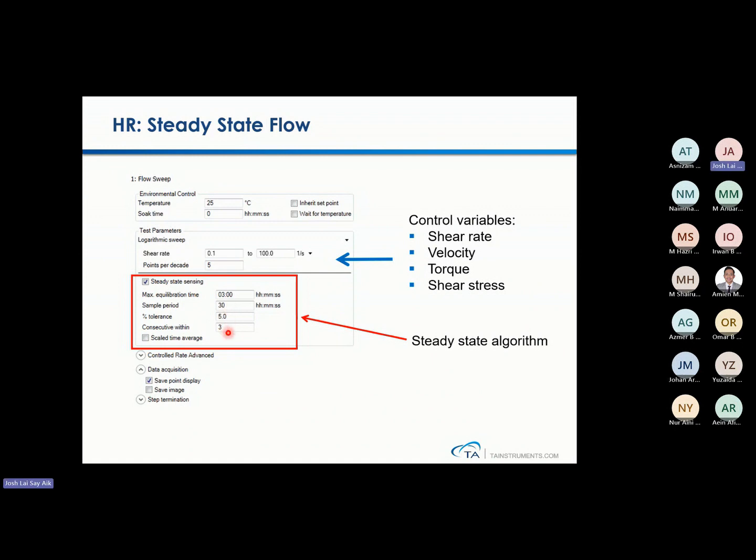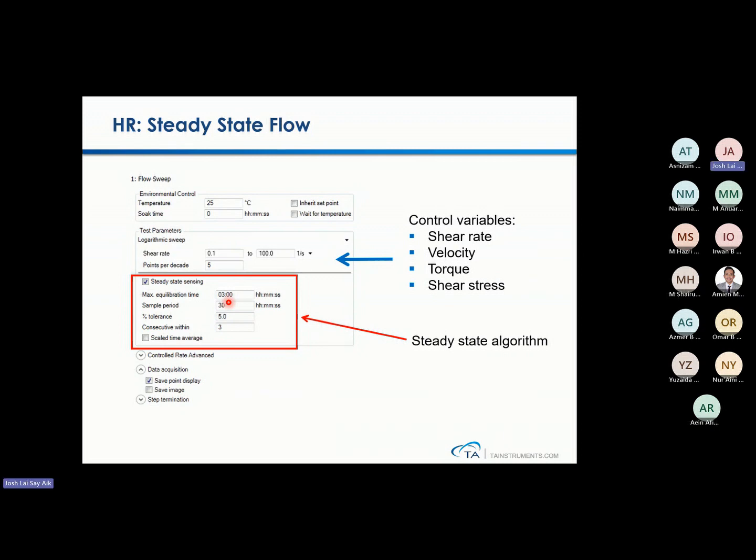And this point is typically considered as steady state if I take 3 points and they are within 5% tolerance, meaning that the standard deviation between these points should be below 5% to be considered as steady state. If this criteria is met before 3 minutes, I will still collect the data before the 3 minutes end.